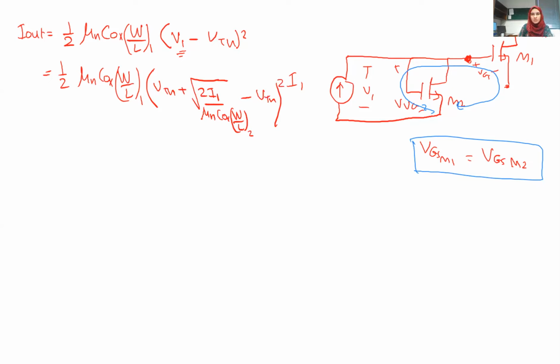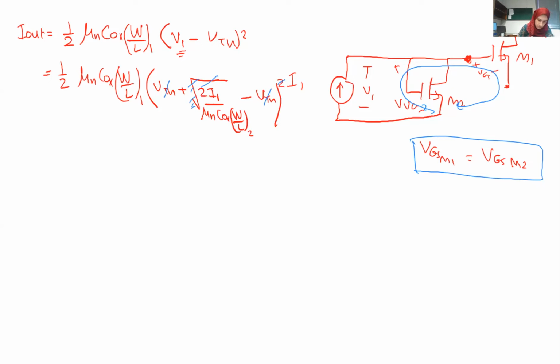Now we can cancel things with each other. V threshold will cancel because the two devices have the same threshold value, and the square root will cancel with the square.